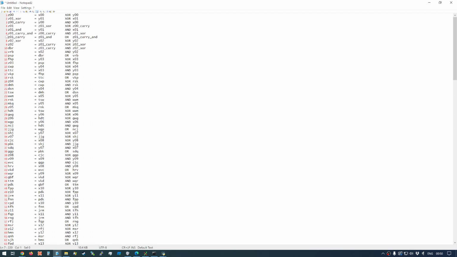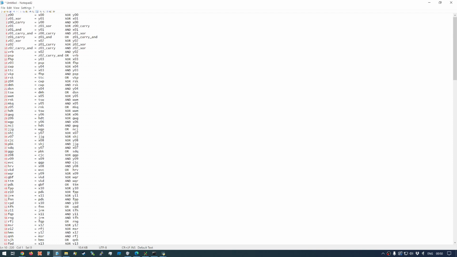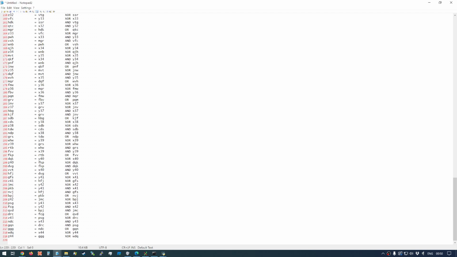If we keep the same convention, this is the carry and the exclusive or. So I guess one thing actually to look for is 44, 43.